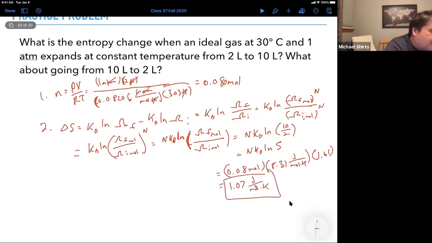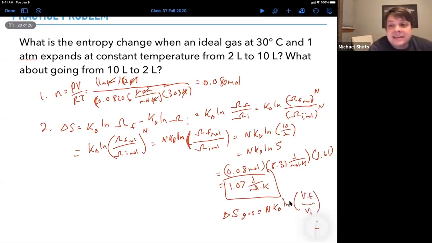So what we essentially have is a formula for the change in entropy of an ideal gas, and most gases you can treat roughly as ideal. It is n Kb log of volume final over volume initial, which is really amazingly simple. This is a simple formula that comes from trying to count up all the possible ways for the molecules to be arranged. If we look at the change in entropy in the reverse direction, delta S equals n Kb log of V final over V initial.